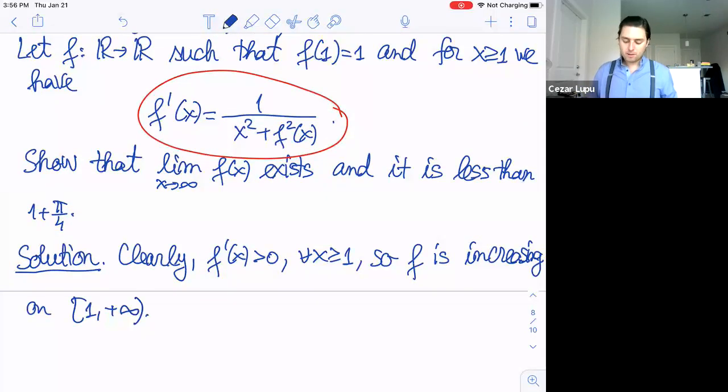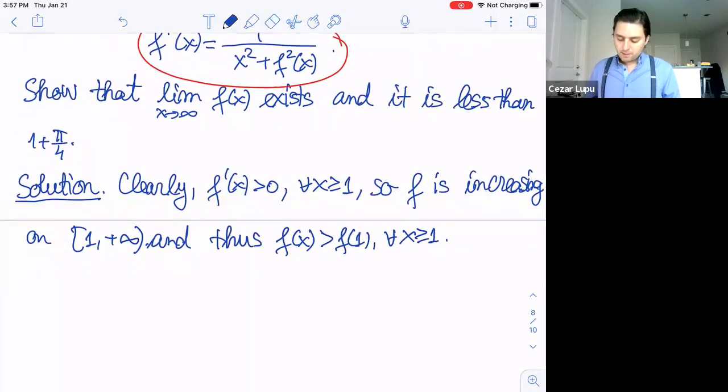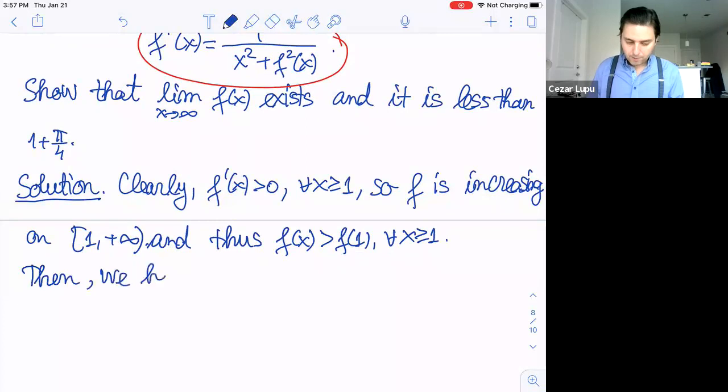Okay, that's great. So f of x is greater or equal than f of 1 whenever x is greater or equal than 1. Now let me change the variable a bit.